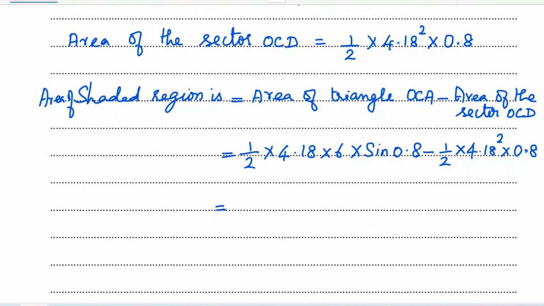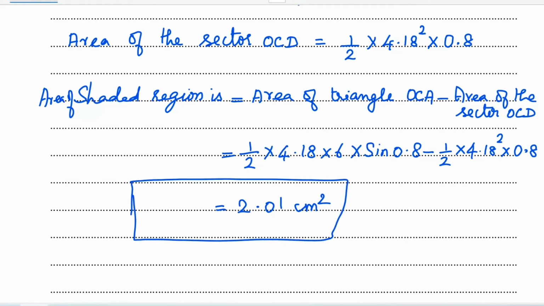On simplification, we get the value as 2.01 centimeter square. This is the area of the shaded region.